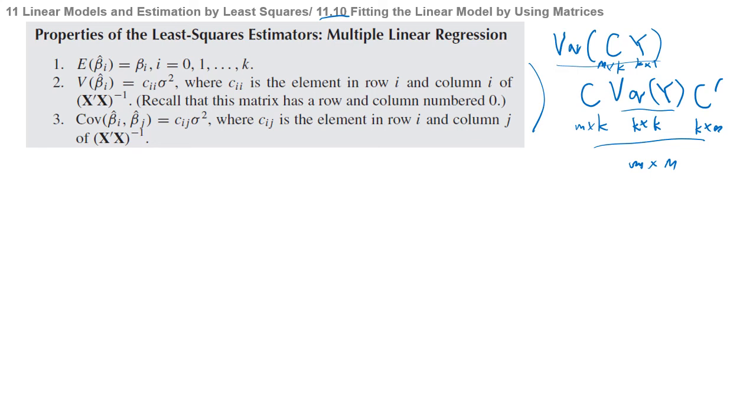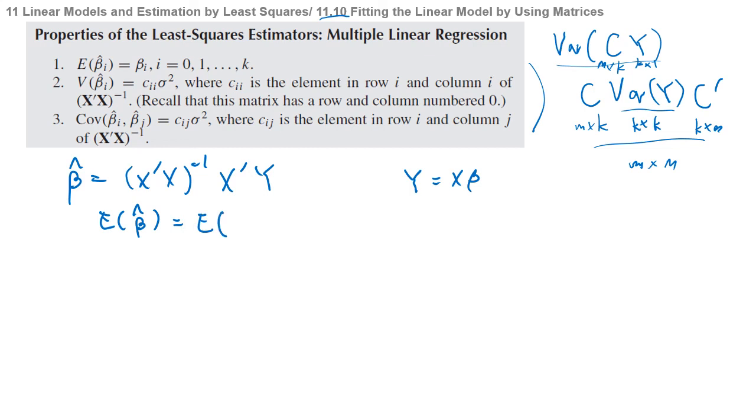So beta hat is (X transpose X) inverse X transpose Y, and the expected value of y equals X beta. So the expected value of beta hat is the expected value of (X transpose X) inverse X transpose Y.